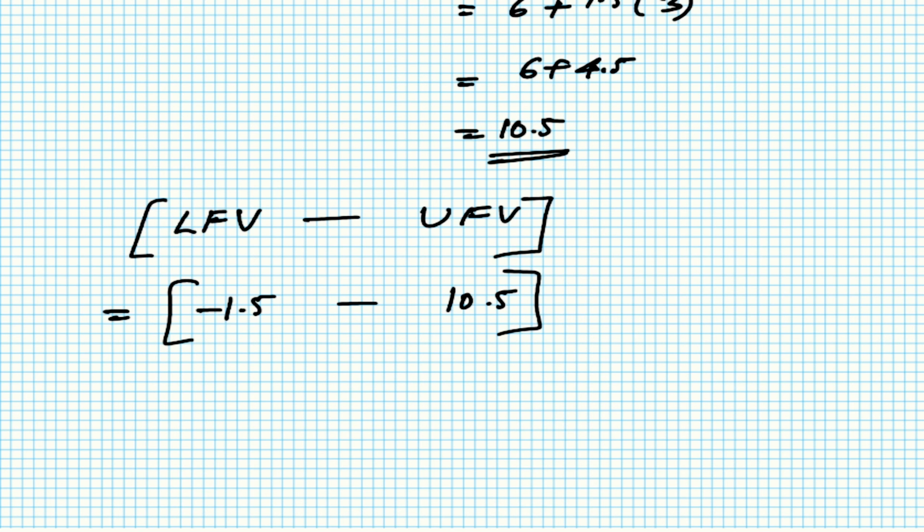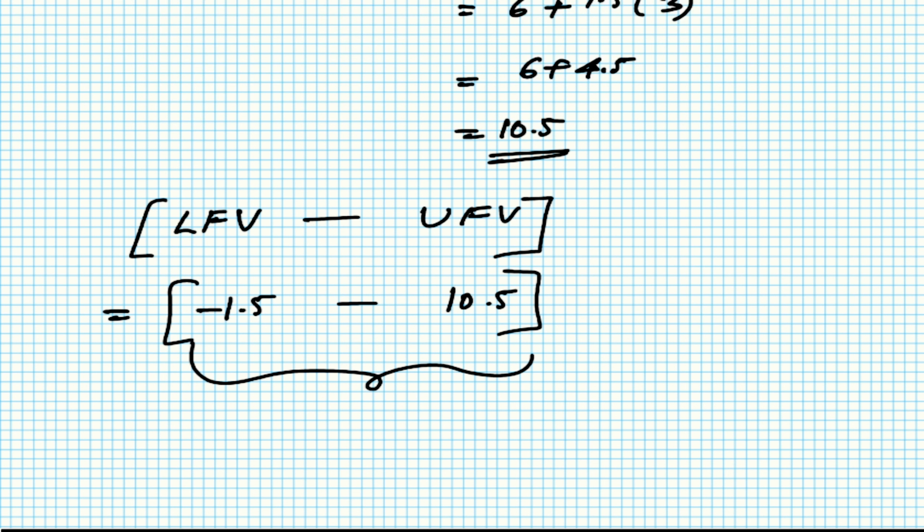If whatever values you find in your data set are between these two, within this range minus 1.5 till 10.5, I don't write a minus here, I'll write 2 so that you don't get confused whether it is a minus sign or not. So starting from minus 1.5 till 10.5, compare.